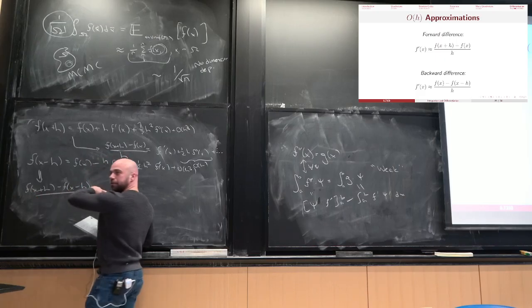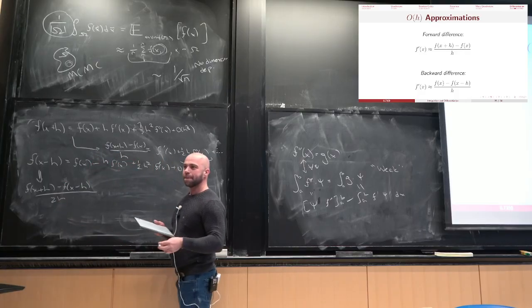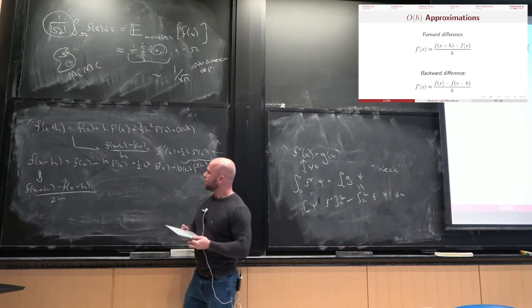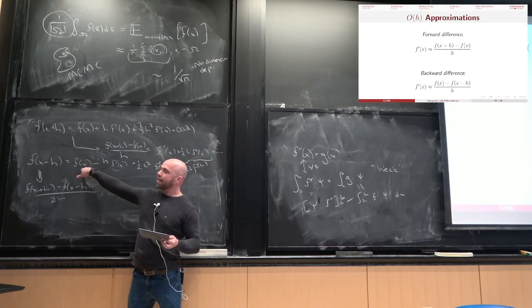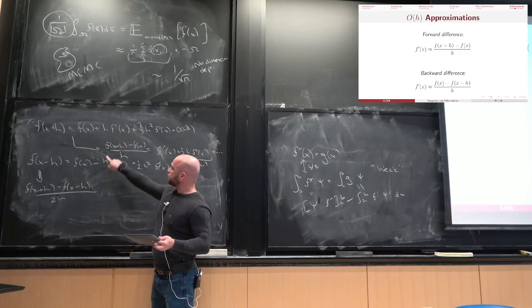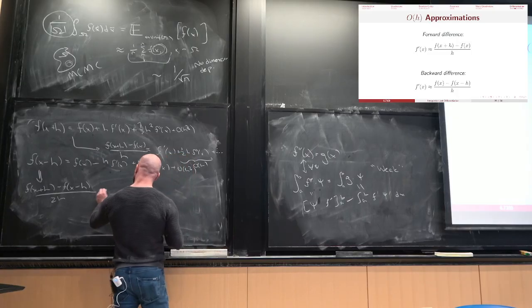Notice that the width of my interval is now 2h, so I probably want to divide by 2h, like that. Can we do this together, friends? Okay, so first of all, we subtract that from that, and we get 0. Great. We subtract this guy from that, we get 2h f prime divided by 2h, so this is f prime of x.